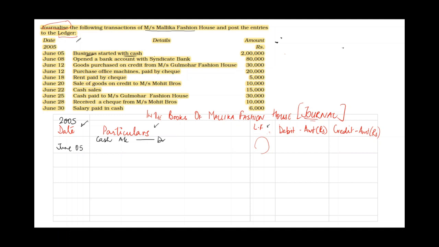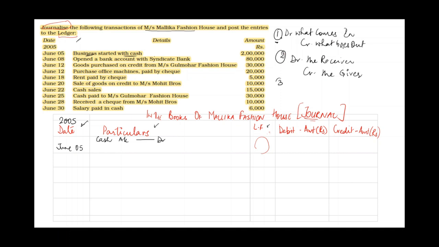What comes in? Remember, I'll just write it here, three things. We had said that the first rule is debit what comes in and credit what goes out. The second rule is debit the receiver and credit the giver.